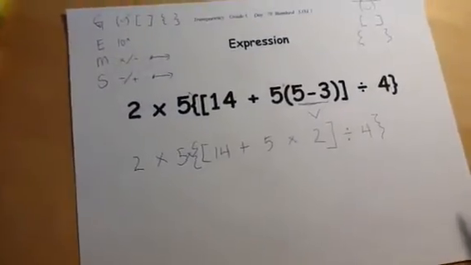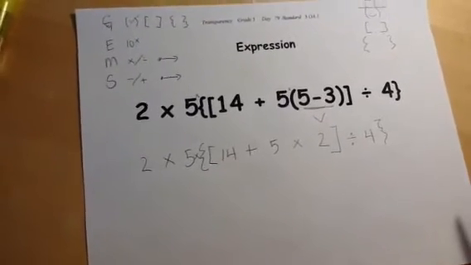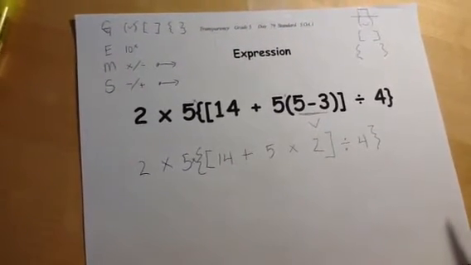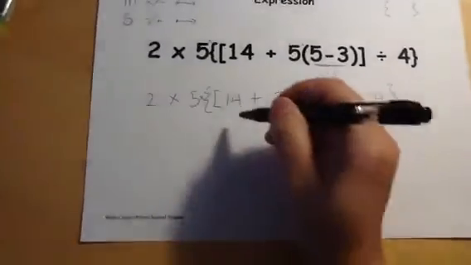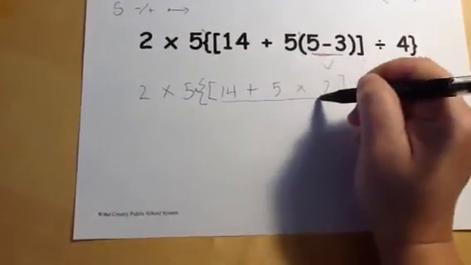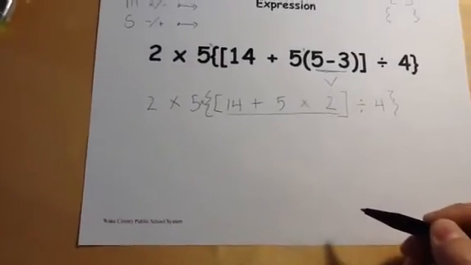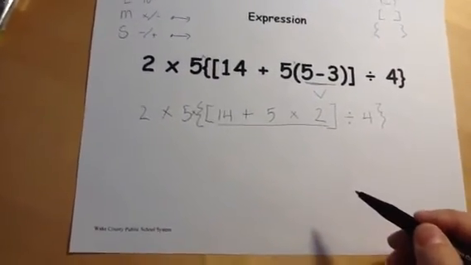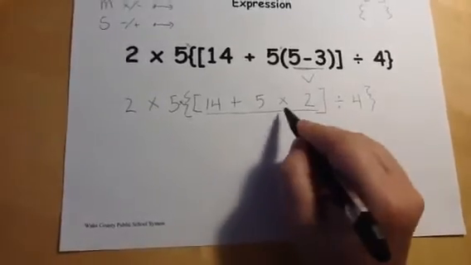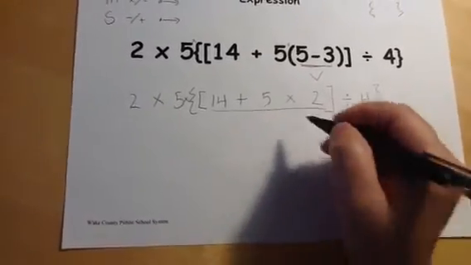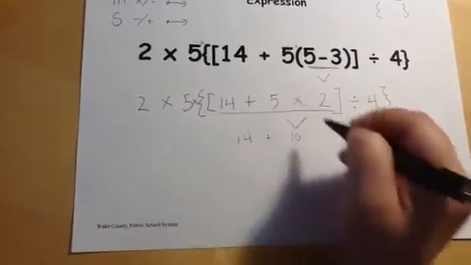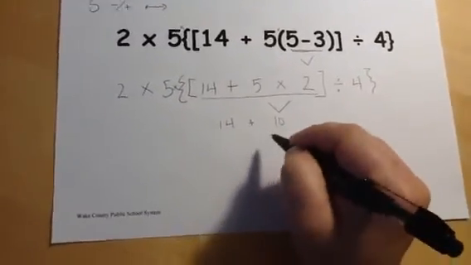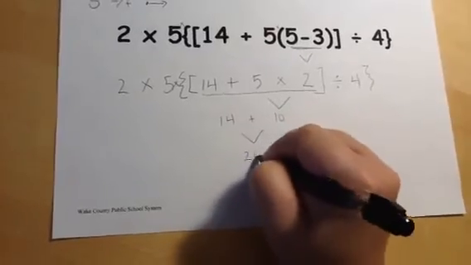Now we have to look for, let me see what it's called, brackets. Alright, so this is what's inside of brackets, this whole entire expression. So within the brackets, I have to do order of operations. So multiplication comes before addition. So that means 10 plus 14, which would give me a total of 24.